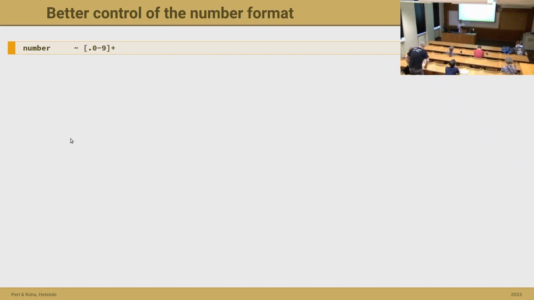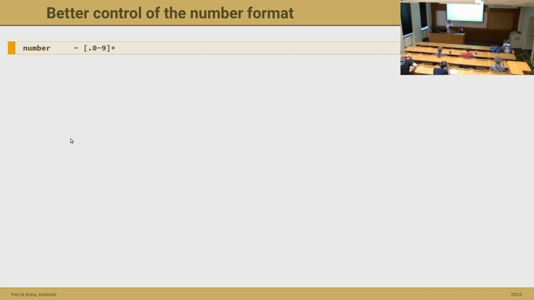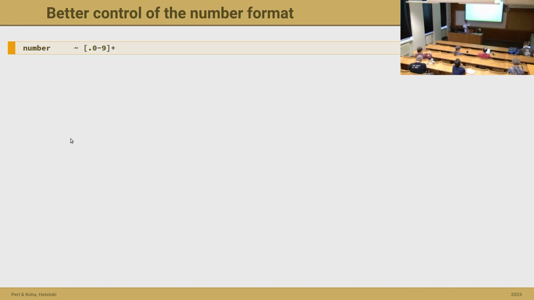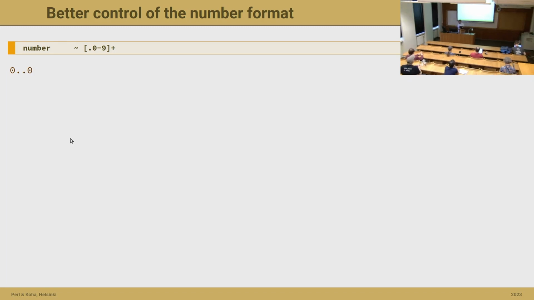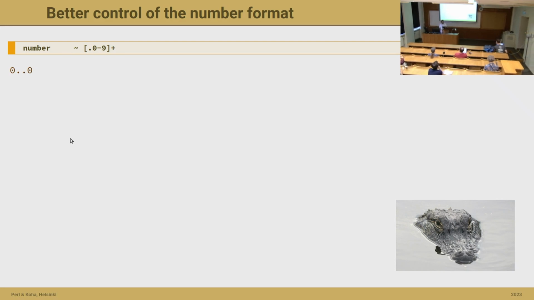I want to continue with this example a bit more. Currently, the number is recognized as anything containing a dot and digits, which is not exactly correct because it can, for example, accept something like this, which to me seems more like an alligator emoji.